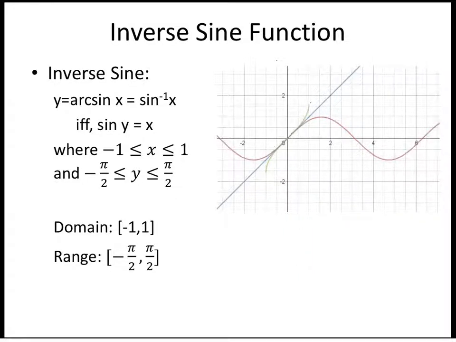So we say, well, how much of this sine function can I reflect across the line y equals x and still have something that meets the definition of a function? So we find that we can do this with just a small section of sine, and that's this section right here, okay? And that corresponds to this section right here.